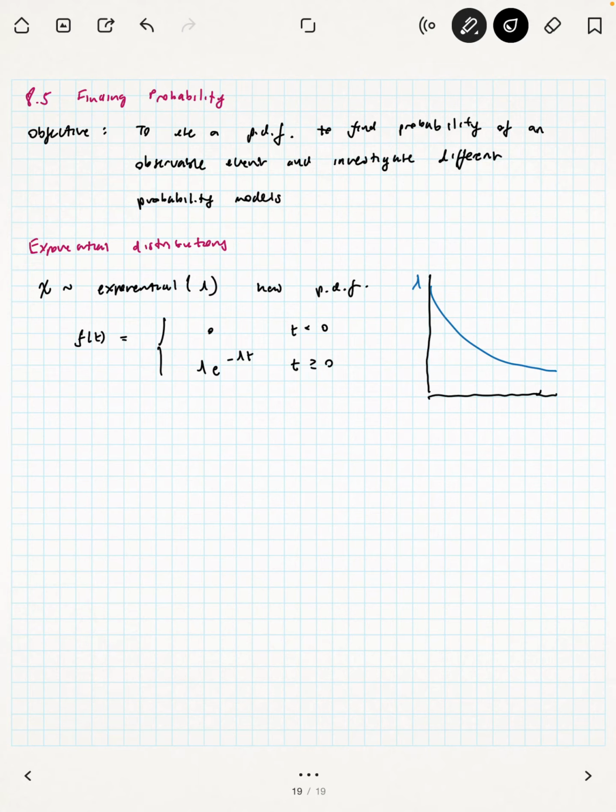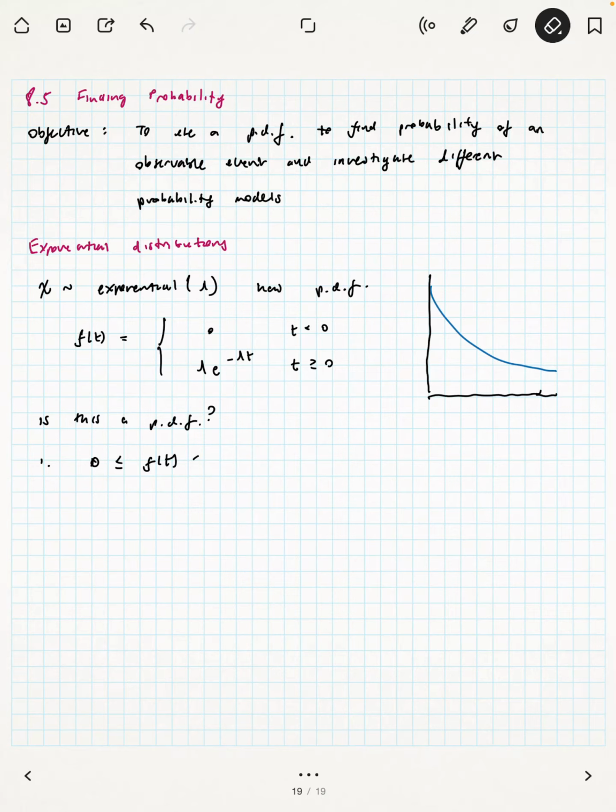First we should check: is this a PDF? Number 1, we can pretty clearly see that for all t, f is non-negative.